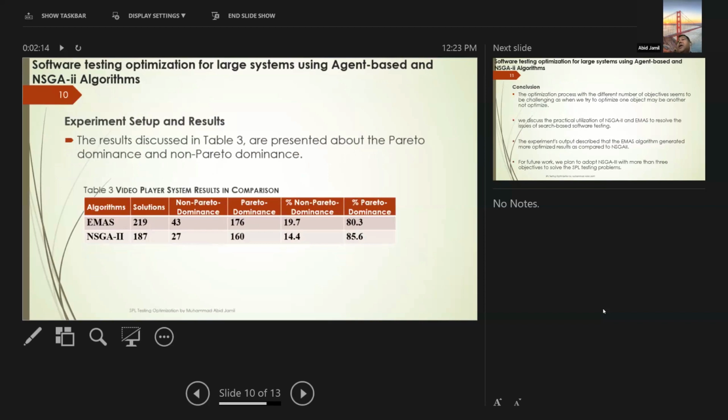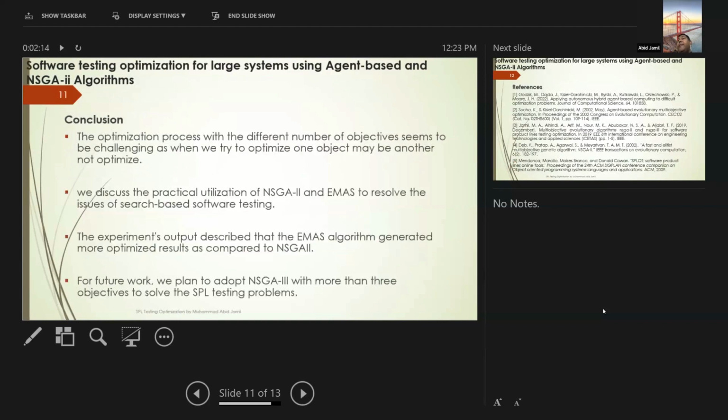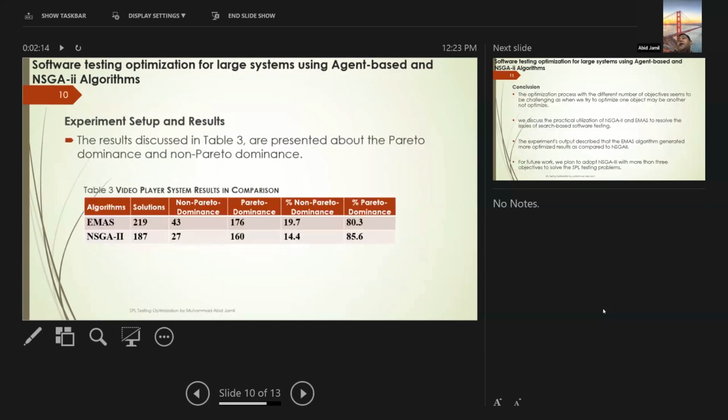The results are discussed in table number 3, with the dominated and non-dominated solutions. Here we are comparing the results of the two algorithms: the agent-based algorithm EMAS and the NSGA-II algorithm.